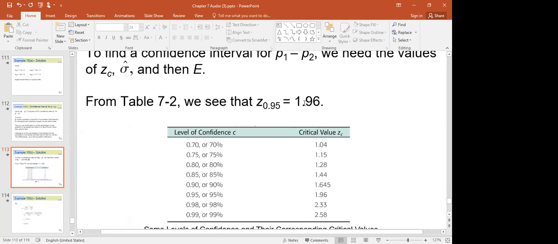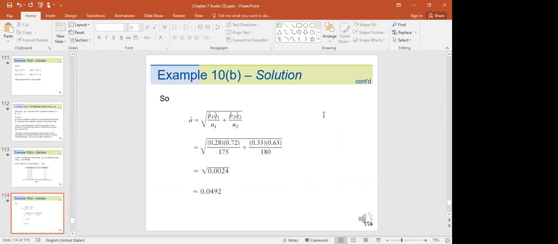But actually this ZC, when they give you 0.95, they are actually asking you find the Z value so that the area between minus Z and Z is 95%. If you know how to answer that question from chapter 6, you will be able to find the ZC also using your calculator. Anyway, so we move to the next slide.